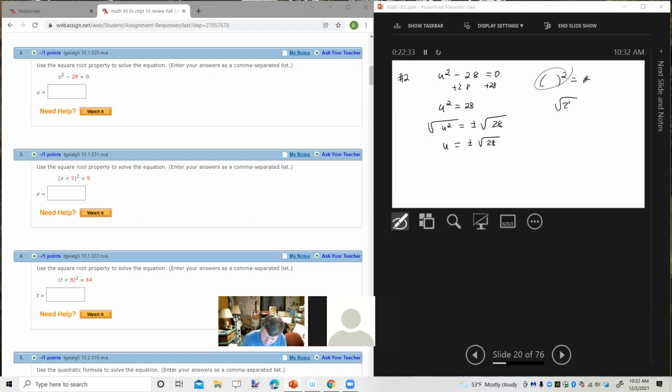But we're going to take the square root of 28 and write it as the square root of 4 times 7. Simplifying it, the square root of 4 is 2 on the outside. So now we've got u is plus or minus 2 square roots of 7. In WebAssign, however, they don't use the notation plus or minus. They separate them into different solutions. So we'll say u equals negative 2 square roots of 7, comma, 2 square roots of 7.